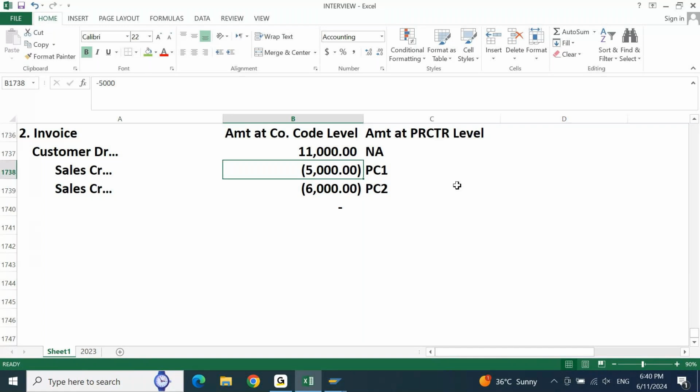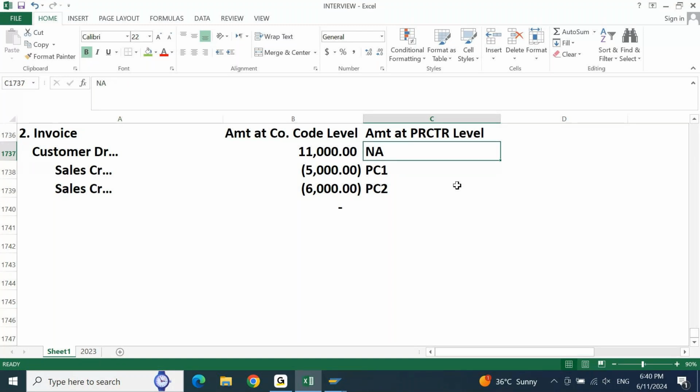You need to make sure this invoice is split according to the product profit center at the customer level. At the customer level, we understood there is no profit center column, so that is why this is NA. While posting the entry, there is no problem here because there is no field.